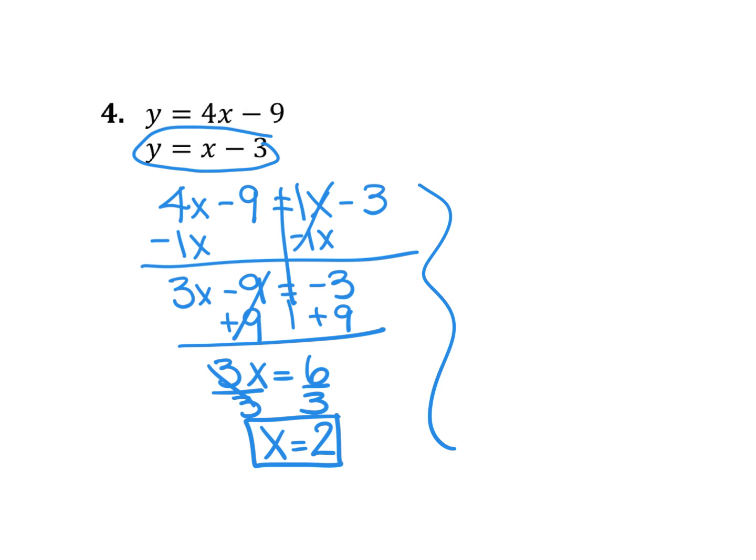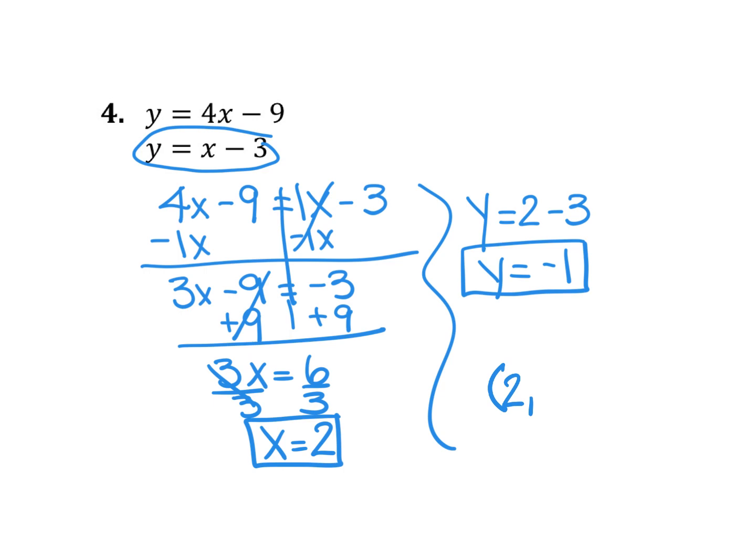We're saying that x is equal to 2. So we have y is equal to 2 minus 3. Well, 2 minus 3 is equal to negative 1. So now we have the ordered pair 2, negative 1. So the solution that we have here is x is 2 and y is negative 1. And so the solution to the system is 2, negative 1.